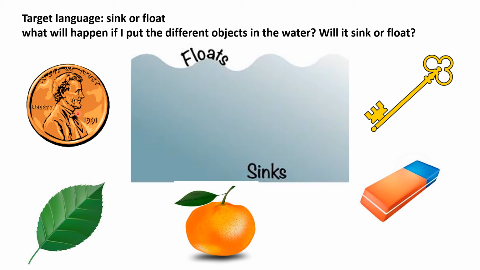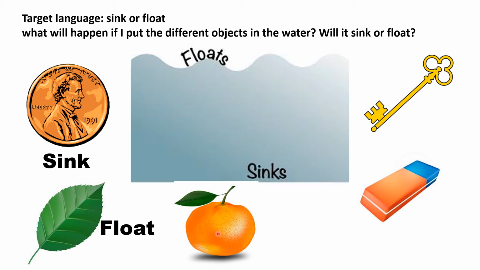First picture, we have coin. What do you think? Will it sink or float? Who can answer me? Yes, it will sink. Very good. And how about the leaf? Will it sink or will it float? Very good. It will float. How about the orange?